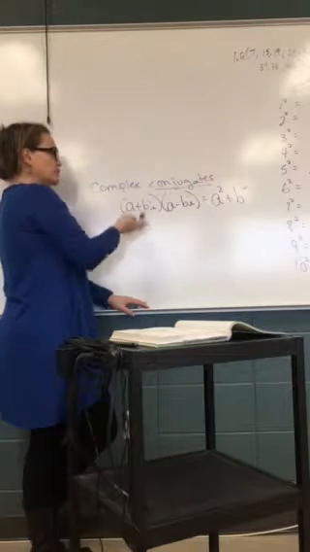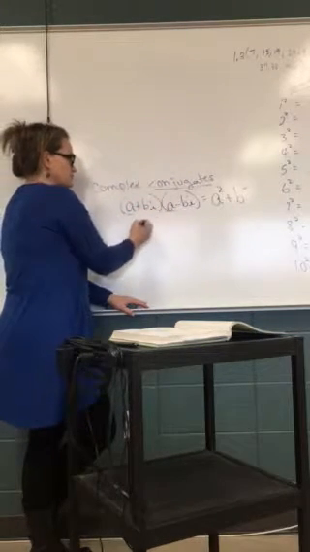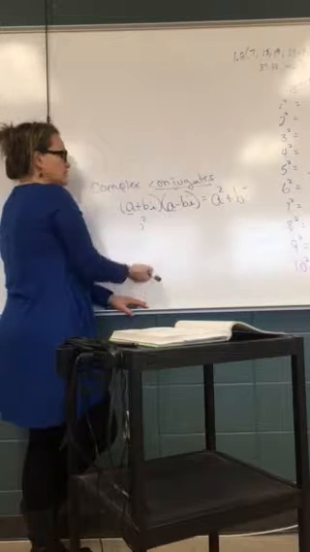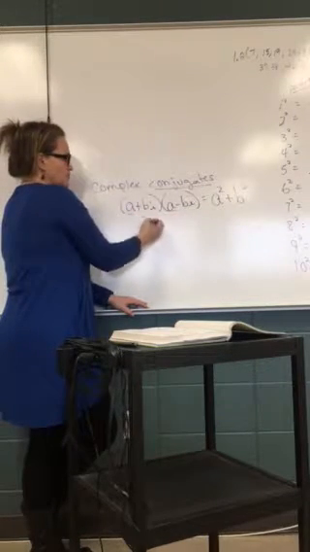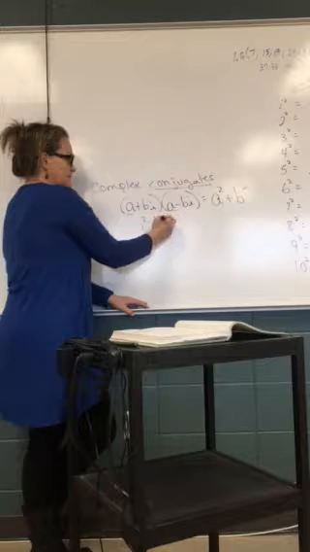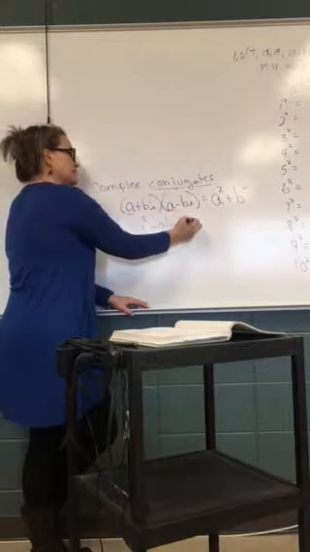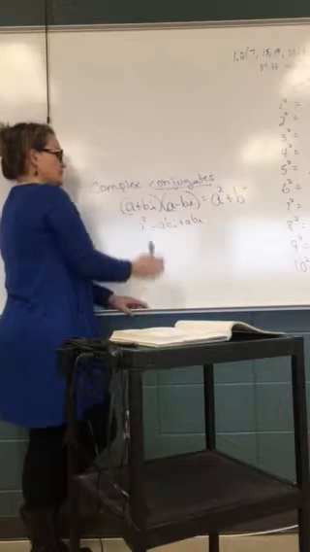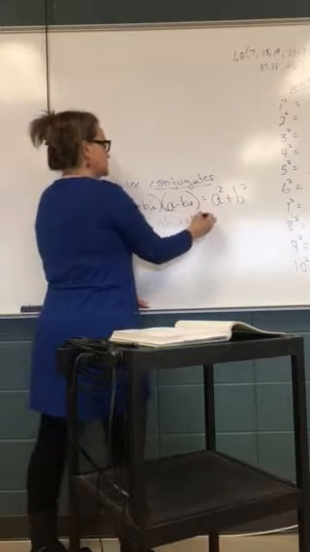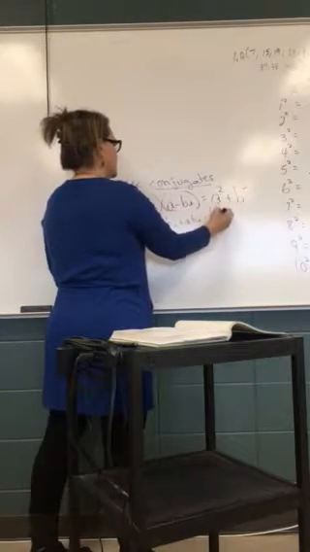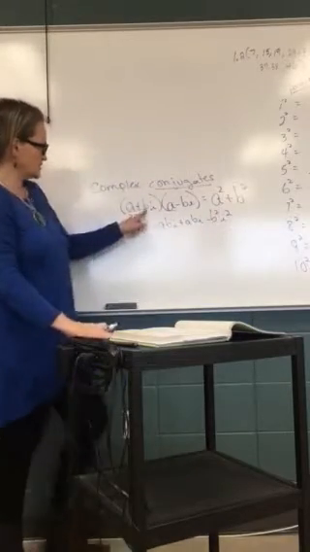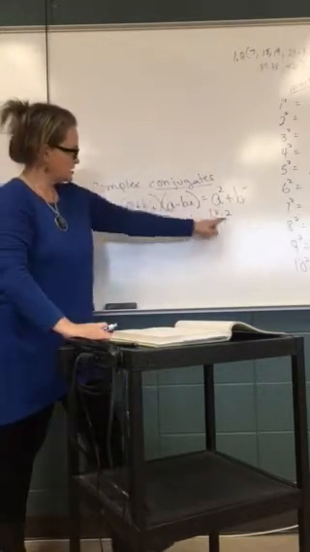Well, every time you FOIL a conjugate, the first times the first, that's A squared. The outer times outer would be A times BI, ABI. The inner, that's all positive, would be plus ABI. And then the last times the last, you'd get a negative B squared, I squared, because there's 2 B's and 2 I's.